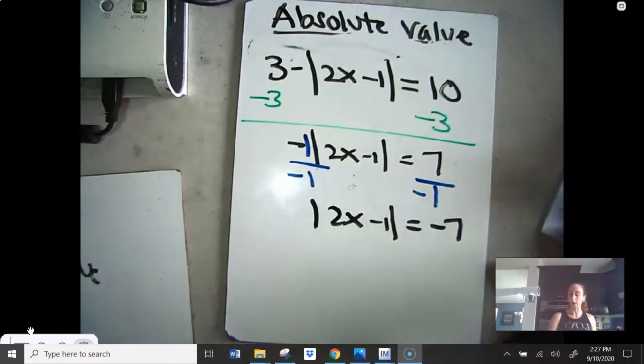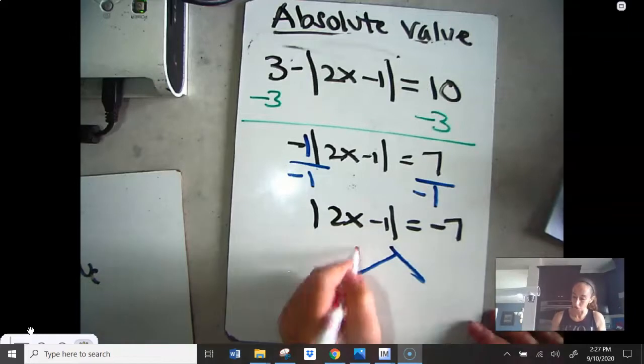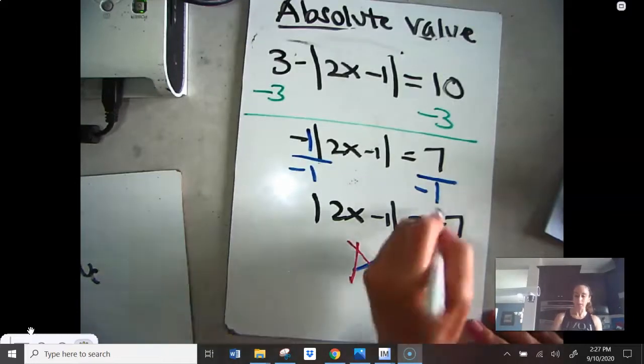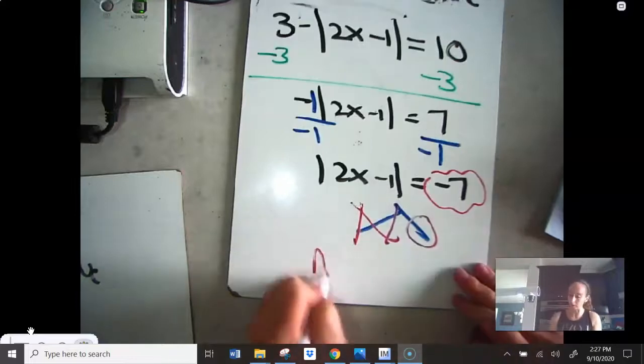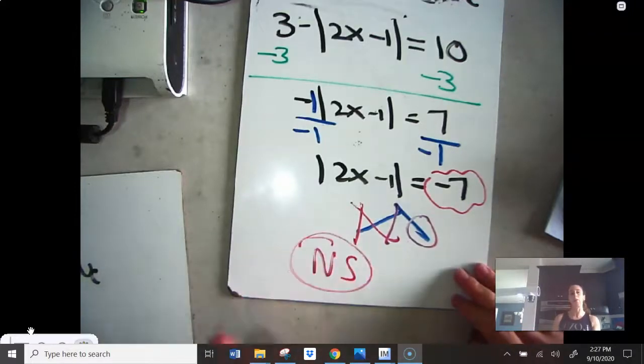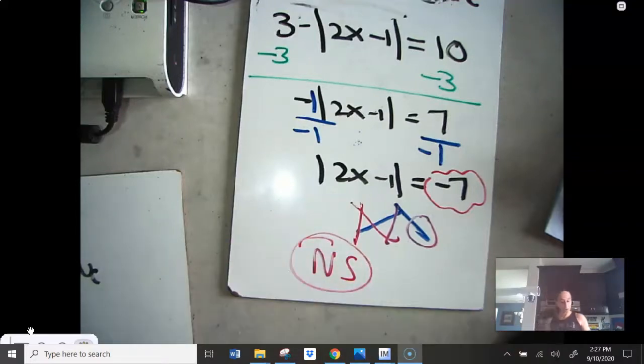And some of you go, okay, well now I split it. No, don't split it. Because this is negative, absolute value can never equal a negative. There is nothing that will work. Now, I want to step it up.